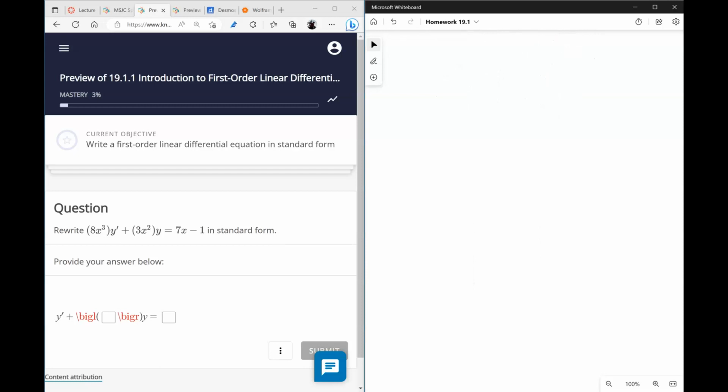We're going to rewrite this in standard form, and to write in standard form means to write it like this. So we have y prime plus some function of x times y, all that is equal to some function of x. So in other words, we're getting rid of the leading coefficient, and in this case here's how we're going to get rid of the leading coefficient.